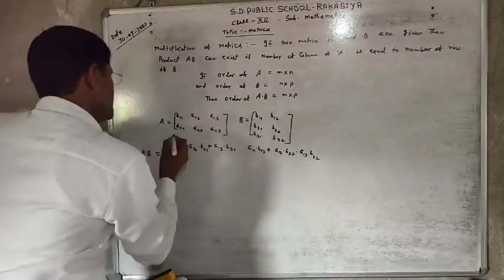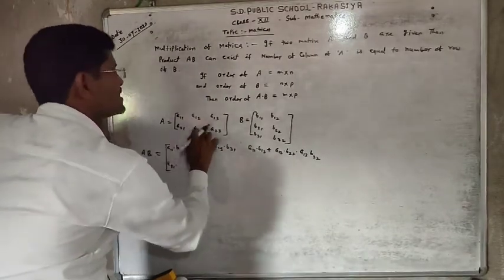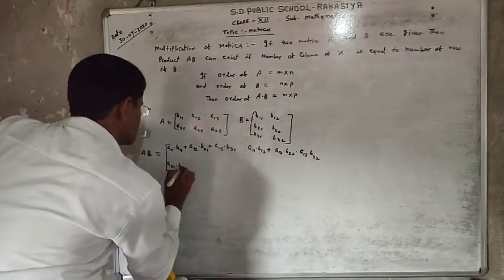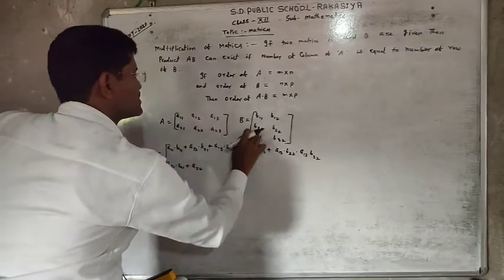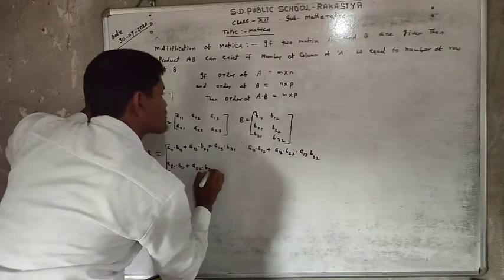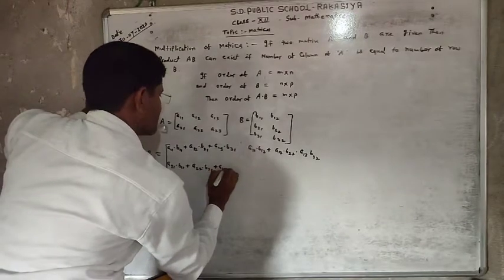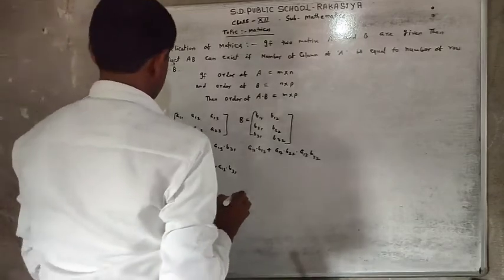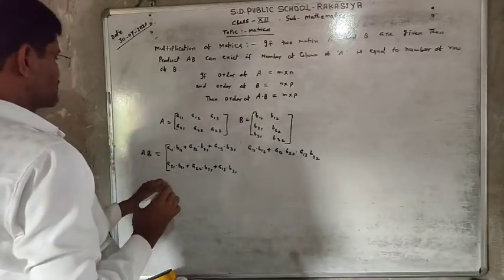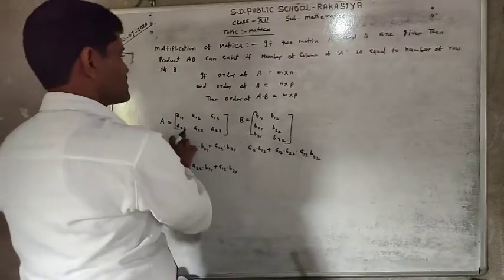According to this rule, A21 is multiplied with B11 plus A22 is multiplied with B21 plus A23 is multiplied with B31. The first element of the second row is complete.